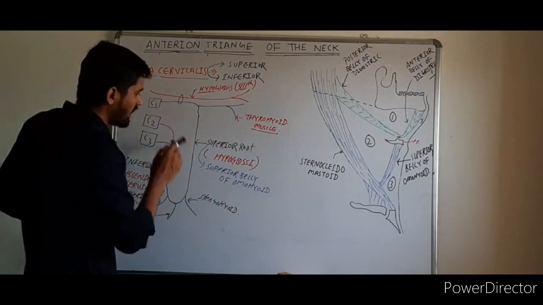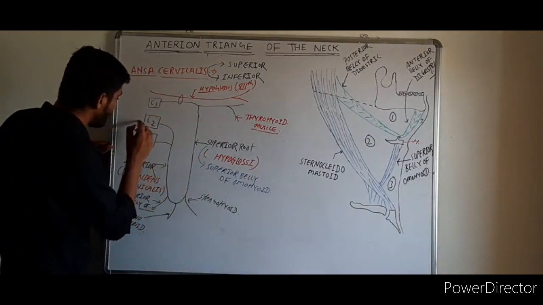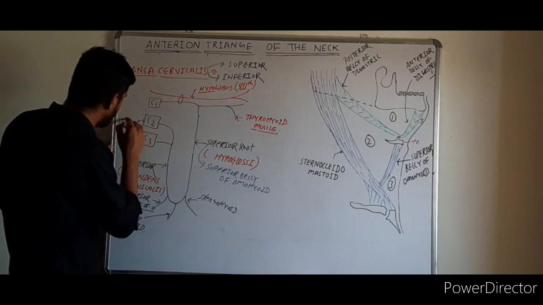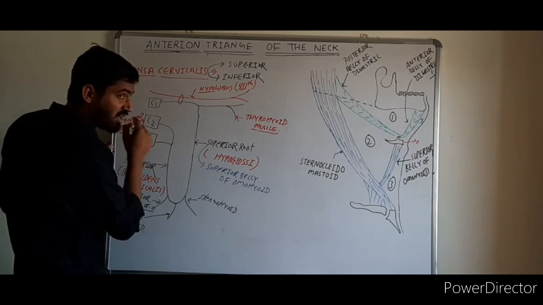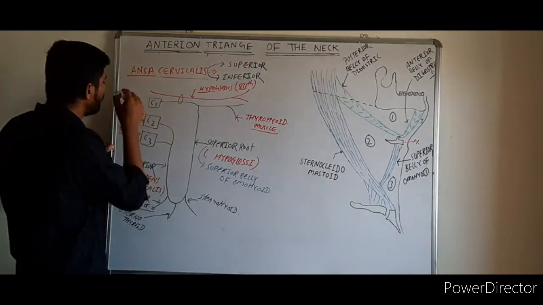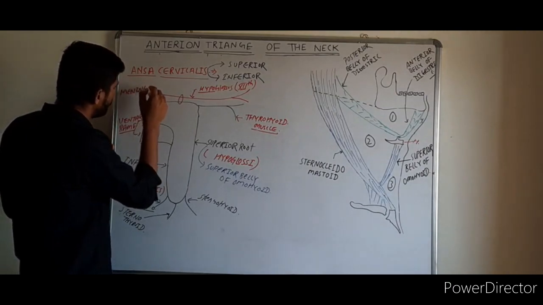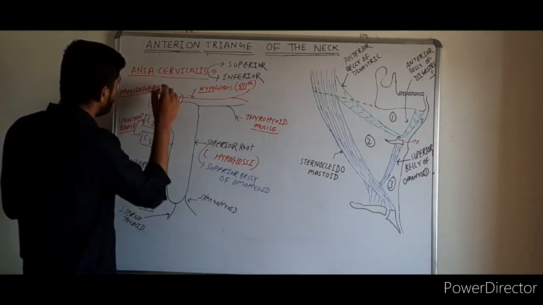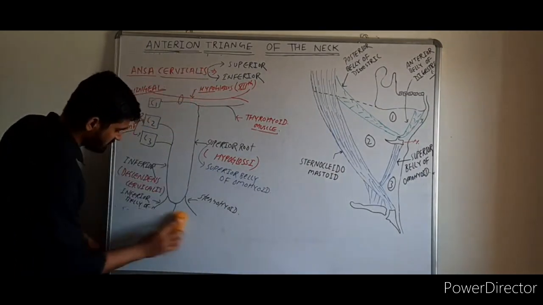Now it's all about ansa cervicalis, and these are the ventral rami of C2, C3, and this is for the meningeal part.